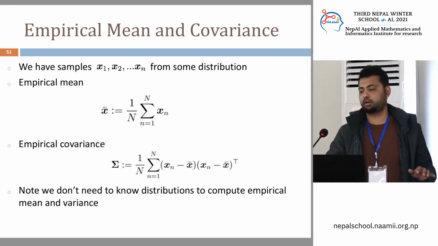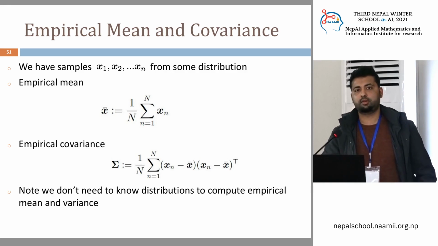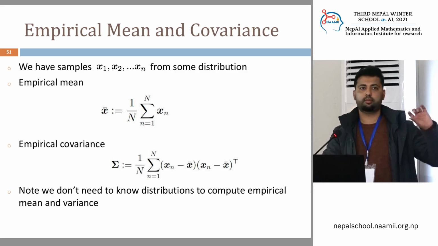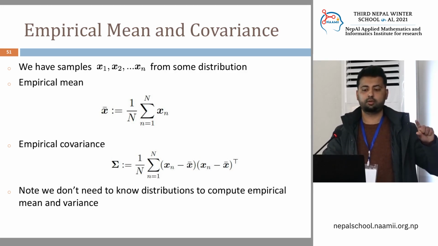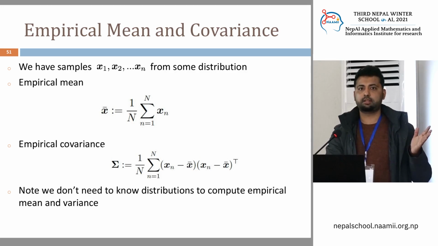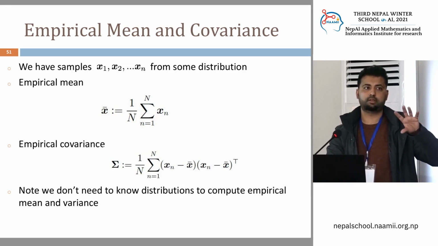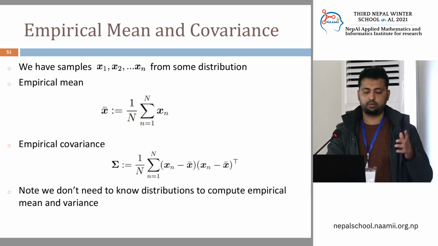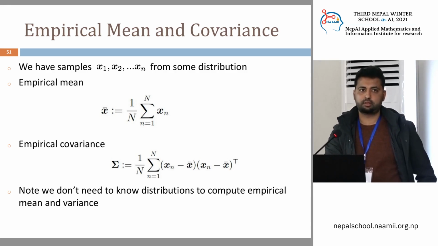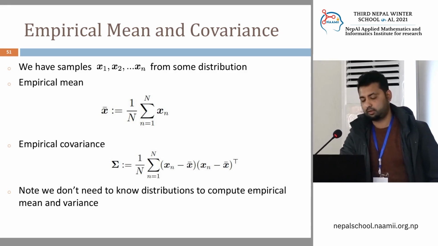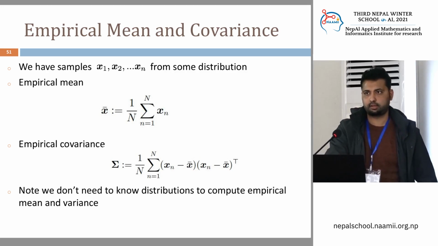But when you talk about the covariance, then you are talking about how individual components are related to each other. So if you have x1 and x2, then you also need to talk about how x1 is related to x2, like how much x2 varies when you vary x1. And this forms a matrix. That's why you need a matrix to describe the covariance, but you just need a vector, I guess, to describe the variance.